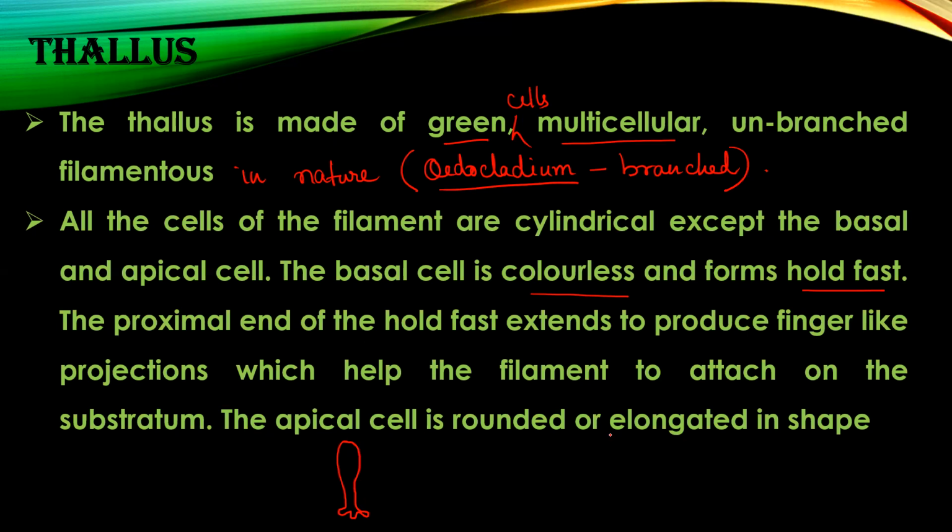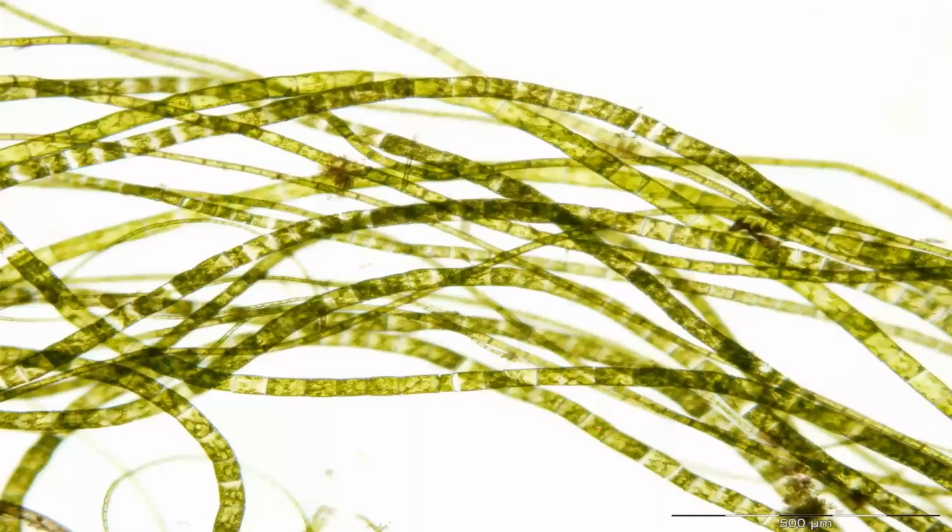If you pay a little more attention, these algal genera which you are studying are actually very easy. You just need to pay attention to these important key points. See, as we said, it is green, it's filamentous, it's unbranched.